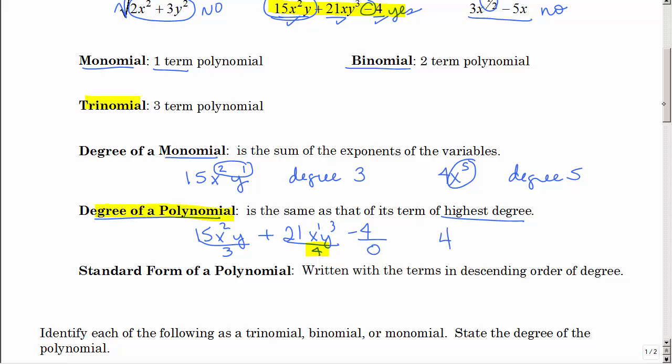Now the standard form of a polynomial, when we want to write our answers in descending order of degree. Sometimes that's difficult and not possible actually. But let's go back to this one. We could write that in standard form by writing it, this comes first because it has degree 4. This would come next because it has degree 3, and then the constant is always last. So standard form, a nice, neat way to compare all of our answers to make them look the same.